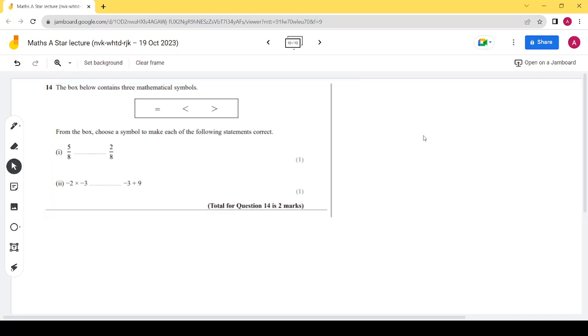So basically, just to write out with the inequalities here, if you're on the small end of a crocodile, where the body would be, you've got less than. If you're by the open mouth, you've got greater than.